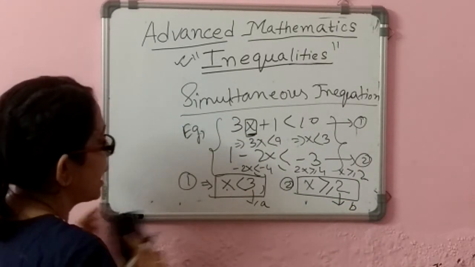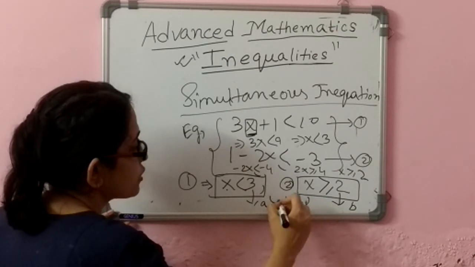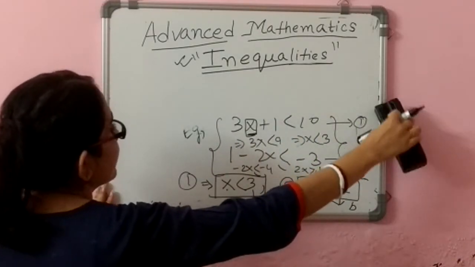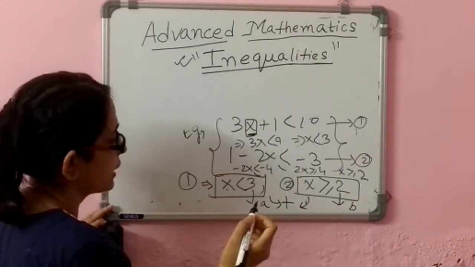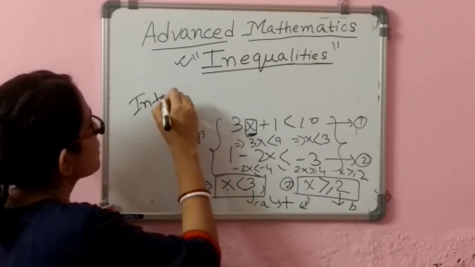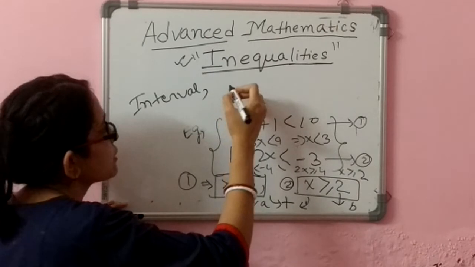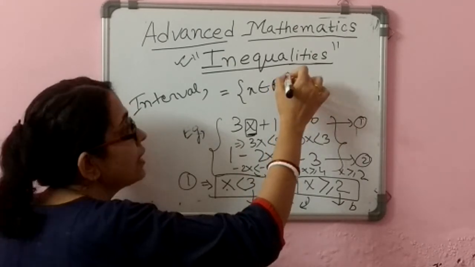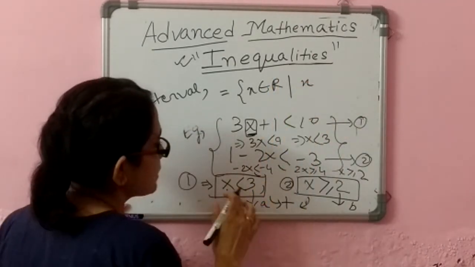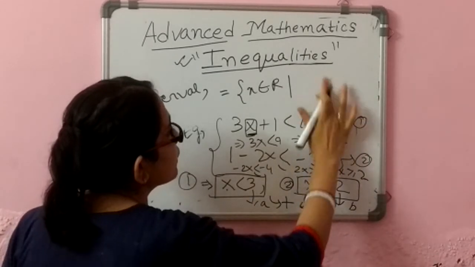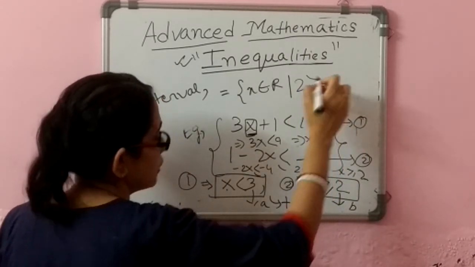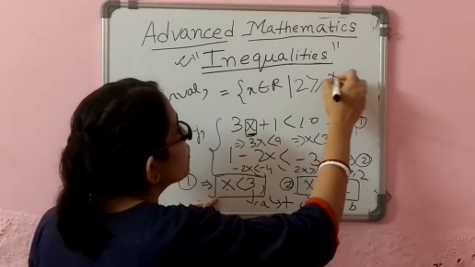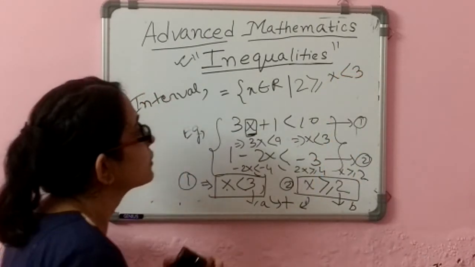From there, after combining these two inequations, we can write how the interval will be determined, under which interval it comes. The interval will be x belongs to R, and x is less than 3 but greater than or equal to 2, right?